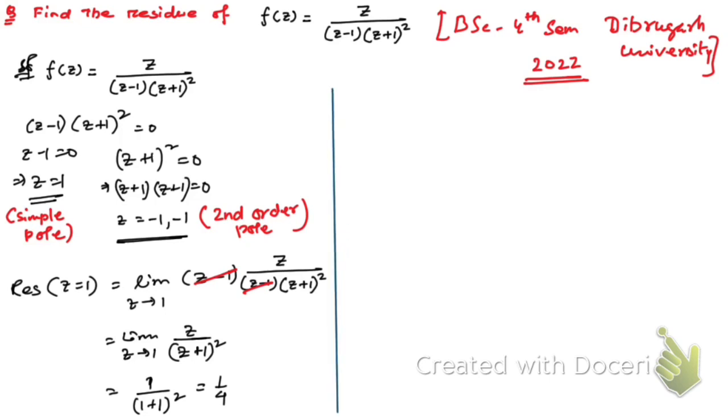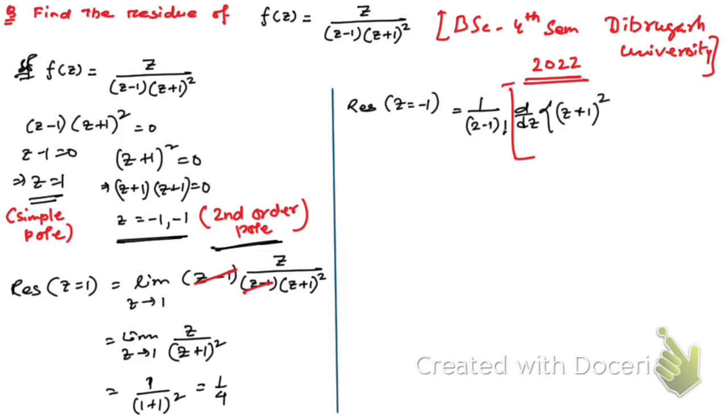Now let me find the residue at the second order pole, residue at z is equal to minus 1. It is of order 2, so we're going to use 1 by 2 minus 1 factorial, derivative with respect to z, of z plus 1 whole square times f of z, where f of z is z by z minus 1 into z plus 1 whole square.